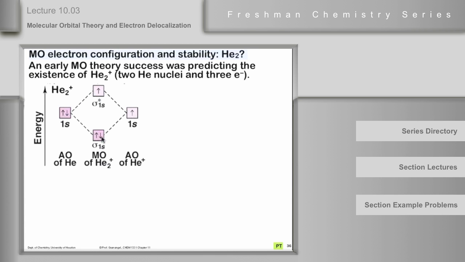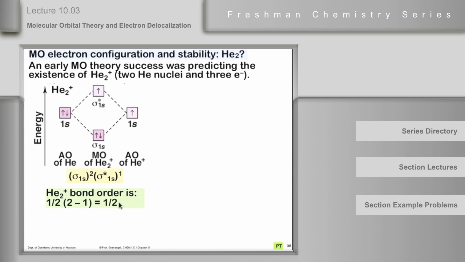And when we do that, we put the first 2 in the sigma 1s and 1 in the sigma 1s star. And we calculate the bond order. Well, the bond order is based on the molecular orbital electron configuration. Sigma 1s with 2 electrons, sigma star 1s with 1. Count them up. 1/2 of 2 minus 1 is 1/2.